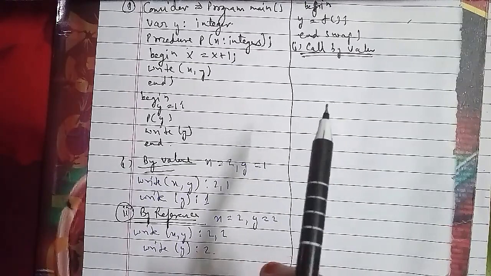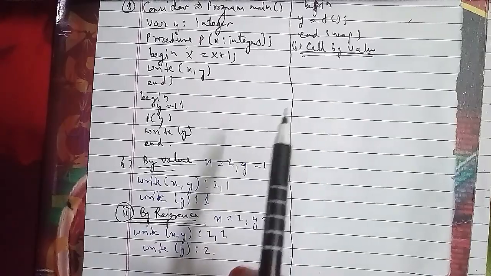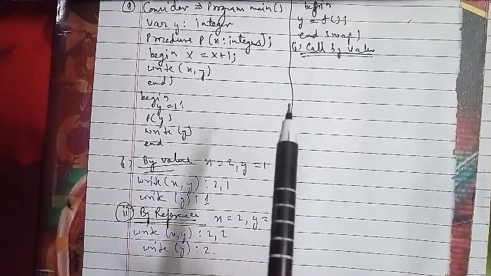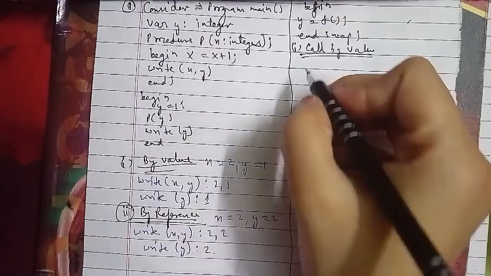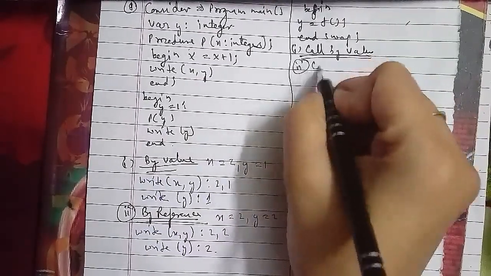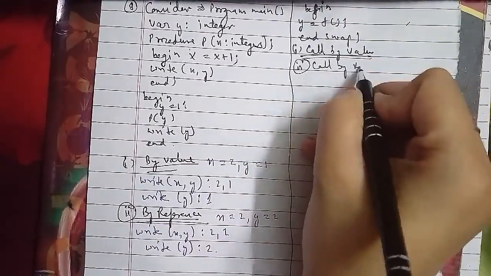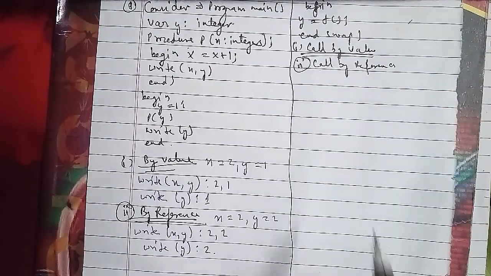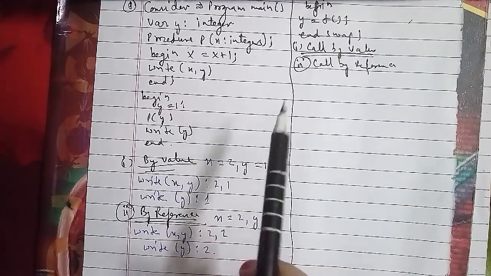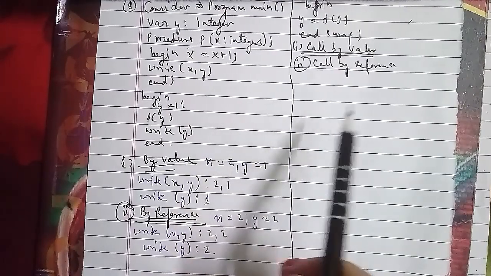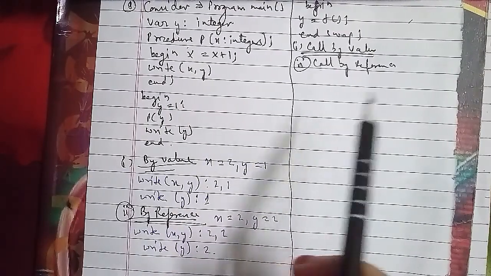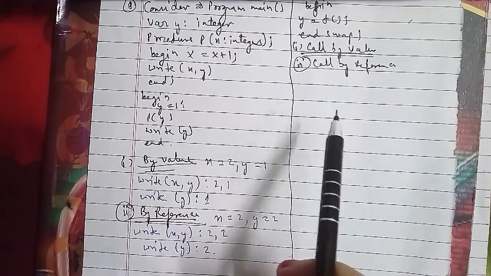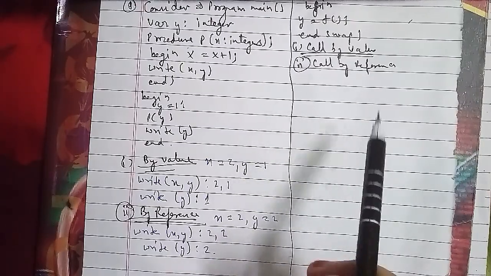In the same case, the third one we have is call by value result. In call by value result, as we know, if the parameter is passed as a value result, the actual parameters are copied to the formal parameter data objects at the time of call, so the effect is the same as an explicit assignment of the actual parameter to the formal parameter.